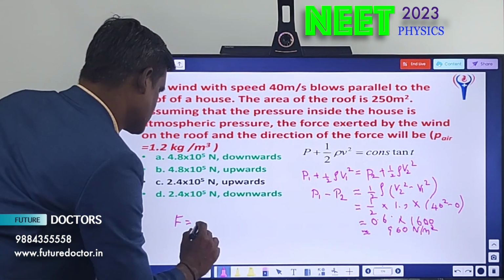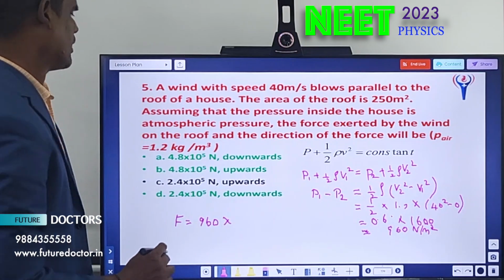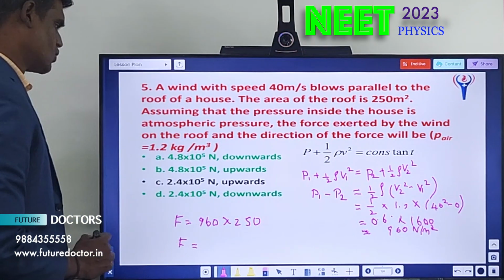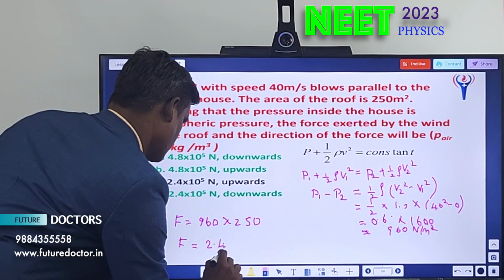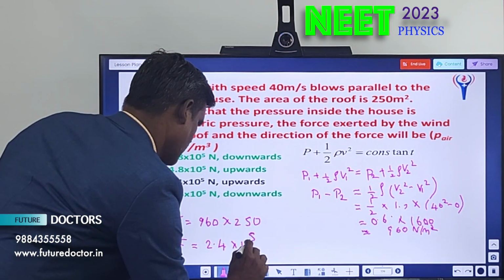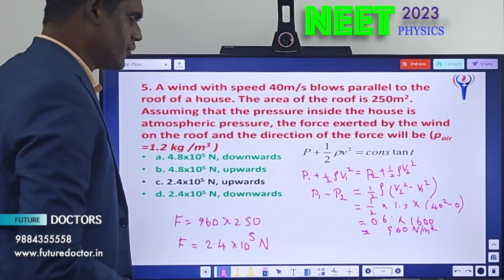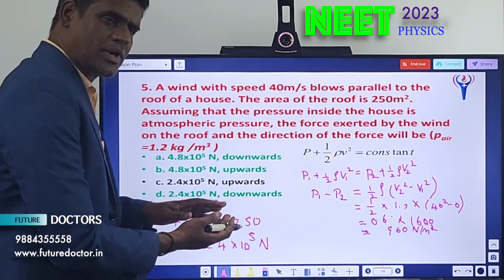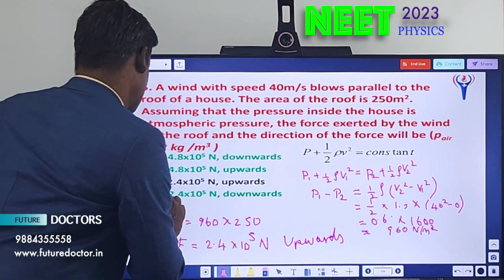Pressure is 960 into area. Area is 250. Then F equal to 960 into 250, you will get 2.4 into 10 power 5 Newton, and it will be acting upwards only. That is, pressure is acting only on the top and no pressure at the bottom. So it is upwards, that is option C.